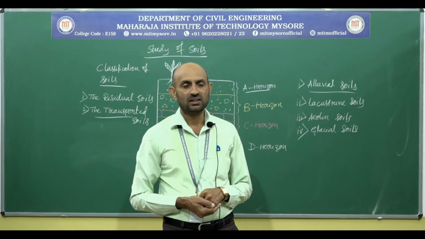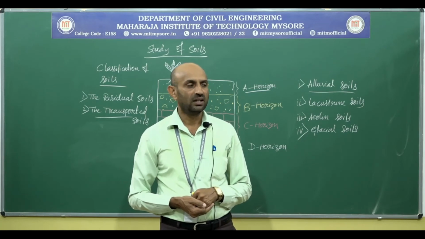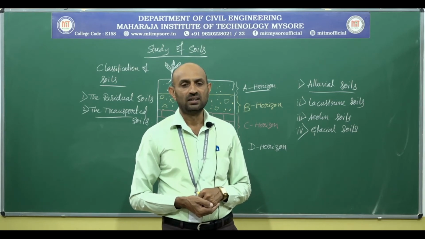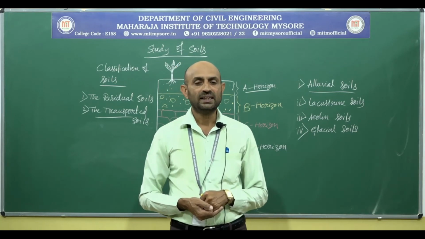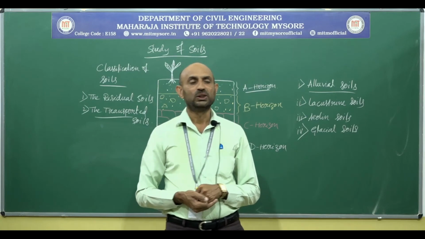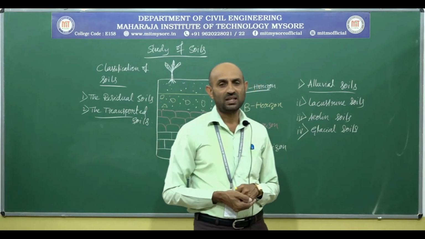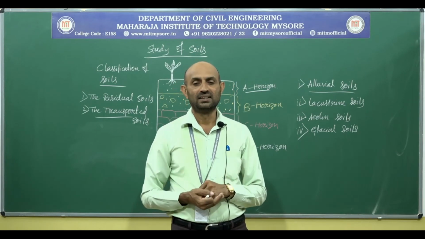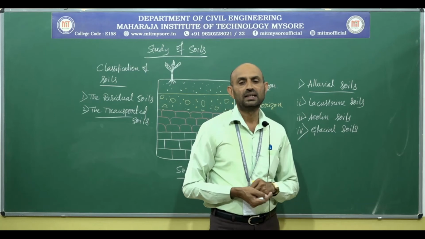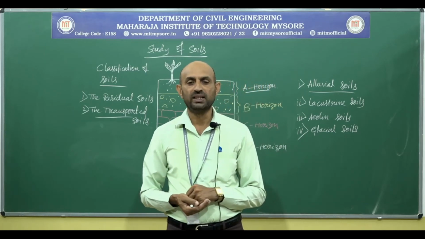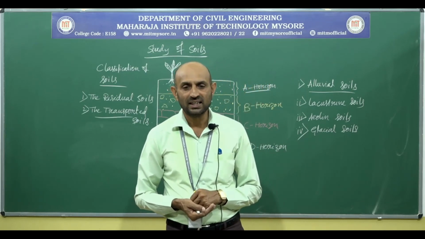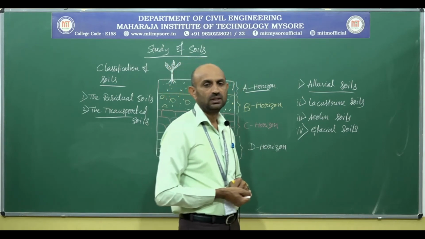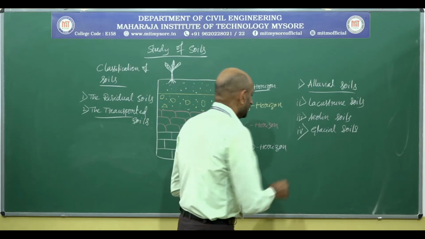North America, Europe and Asia were covered by great glaciers during the Pleistocene Ice Age. The rock debris carried by the glaciers is collectively called glacial drift.